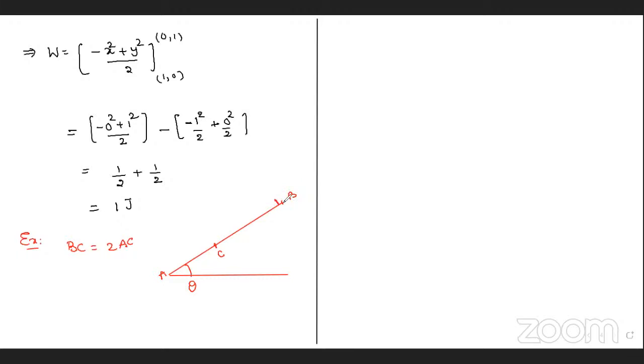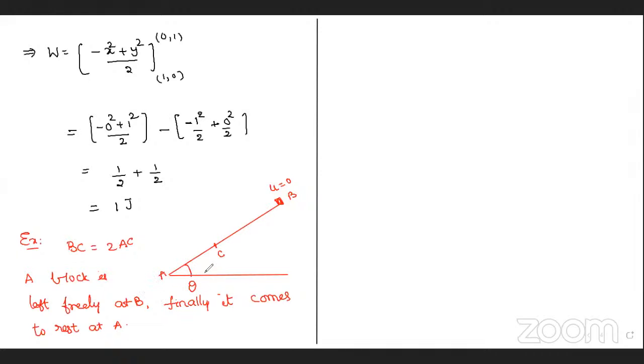And he said when a block is left freely from here at B, finally it comes to rest at A. Keep in mind, started from rest, left freely means u is equal to 0. Finally, it comes to rest at A.